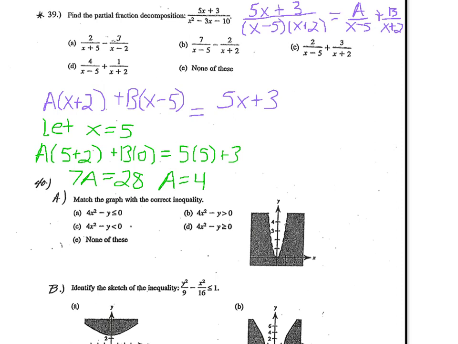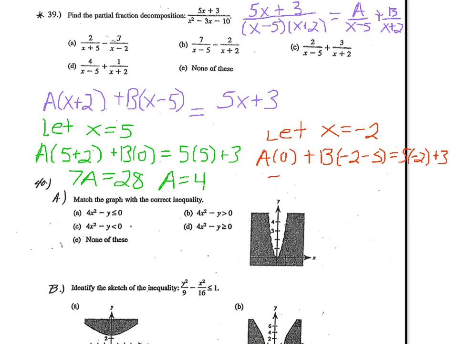Now we're going to do the same thing to solve for B, but we're going to let x equal -2. So A will be multiplied by 0, and we have B times (-2 minus 5) equals 5 times -2 plus 3.